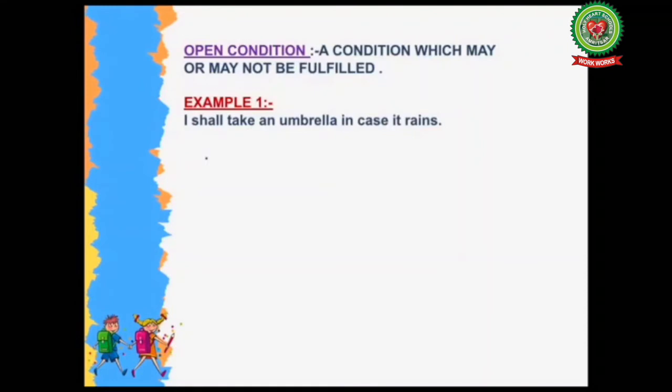Let's take some more examples. If it rains, the match will not be played. Again, there is a possibility that it may rain or it may not rain. If it rains, the match will not be played, and if it does not rain, the match will be played.